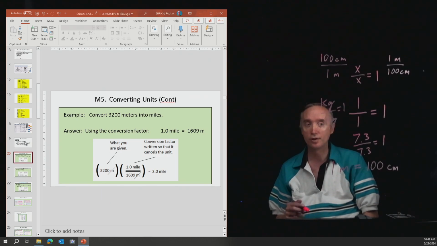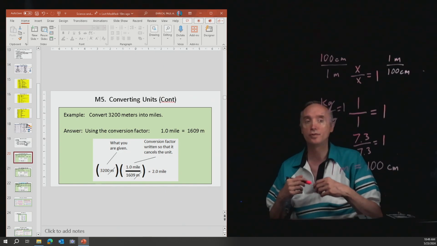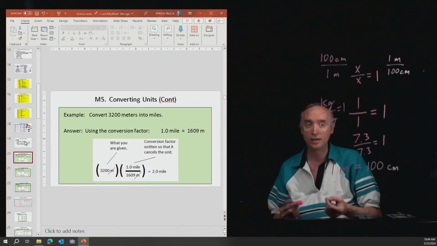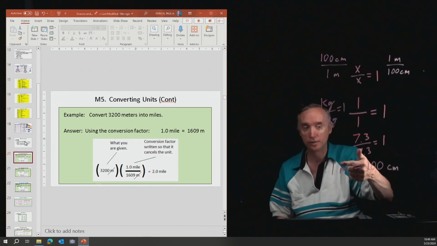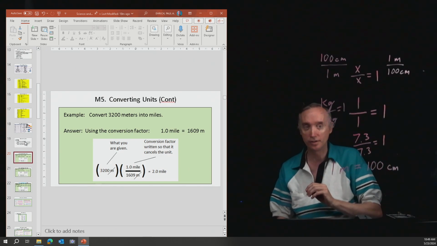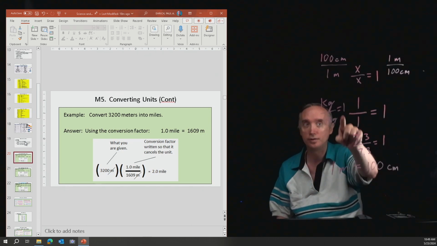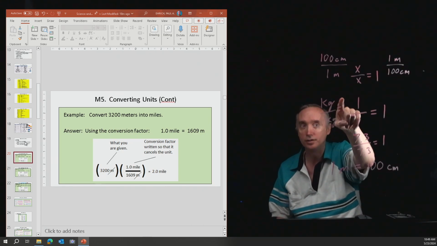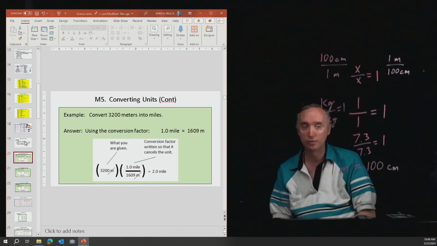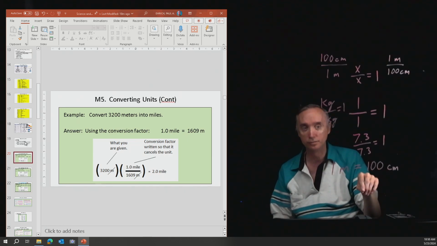We're trying to get rid of the meter, so I need to put the meter in the second parenthesis on the top or on the bottom. Remember, we're trying to cancel it, so if you have something on the top, you need to have something on the bottom in order to cancel it. So I'm going to put meter on the bottom, and on the top I'm going to put mile, because we're trying to go from meters to miles.